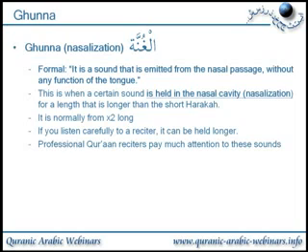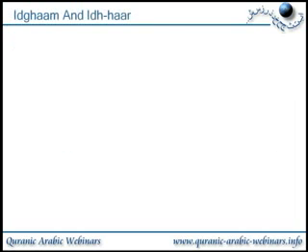So we've got to pay a lot of attention to these. Now we're going to cover some terminologies, and at the moment we're just seeing them in their literal sense, i.e. what's the literal meaning of these terms, and then we're going to see how they're applied specifically to noon sakin and tanween.